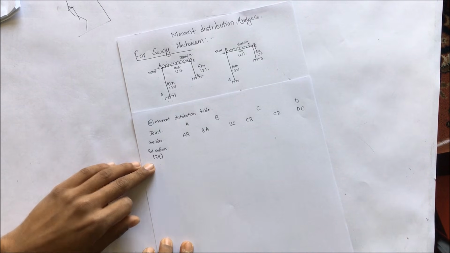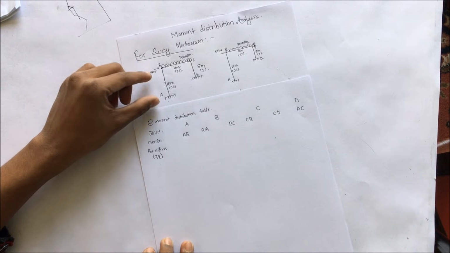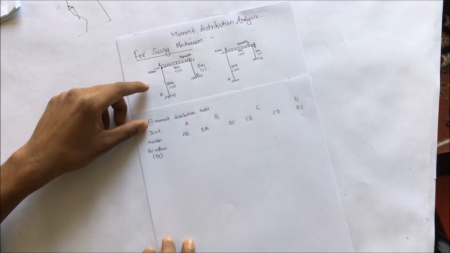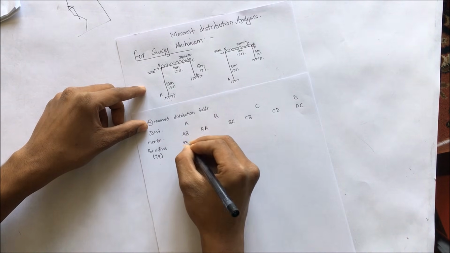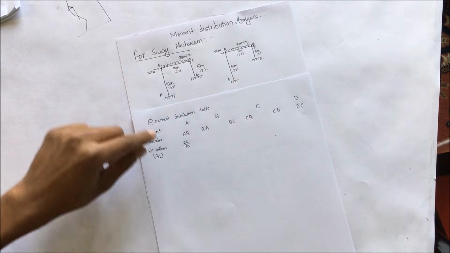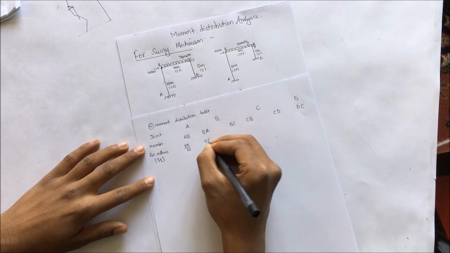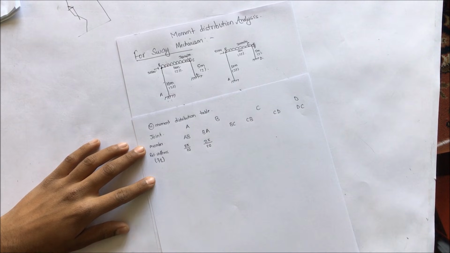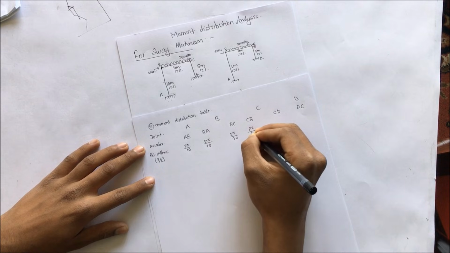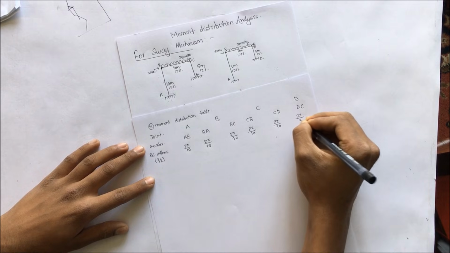Relative stiffness I by L for AB, as I have already discussed, this is a fixed support, so relative stiffness will be equal to I by L, that is 2I by 10, because for this member I is equal to 2I. So for each member, 2I by 10.